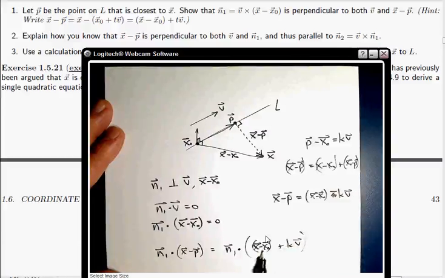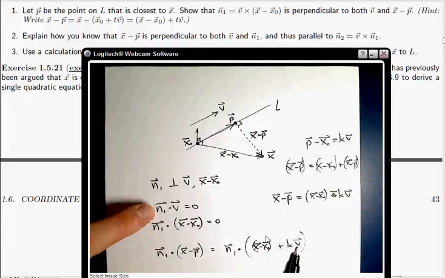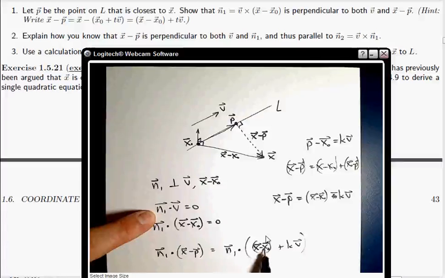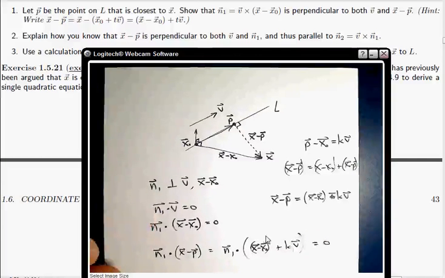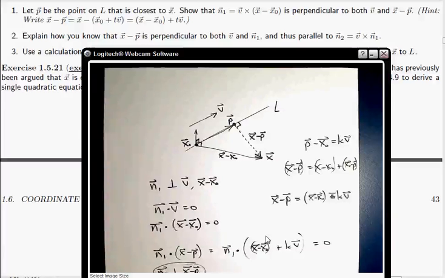I know that N1 dot X minus X naught is 0, and I know that N1 dot KV, or N1 dot V, is also 0. When I distribute, I have N1 dot this plus N1 dot that, they're both 0, so therefore that's 0. And therefore N1 is perpendicular to X minus P, as desired.